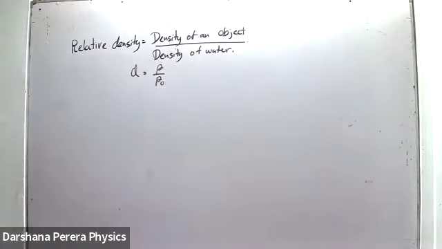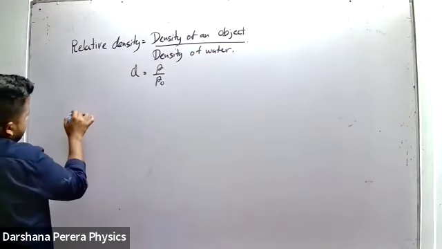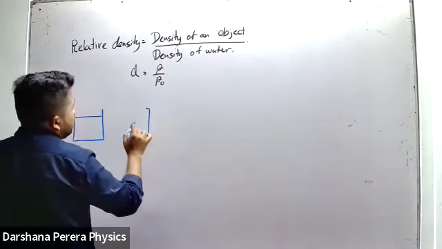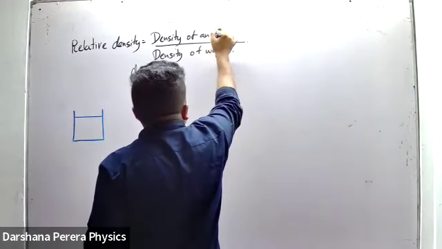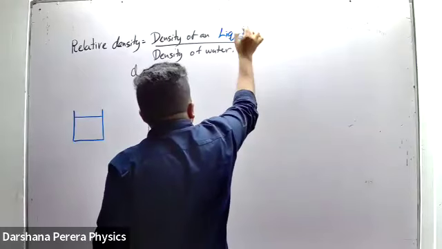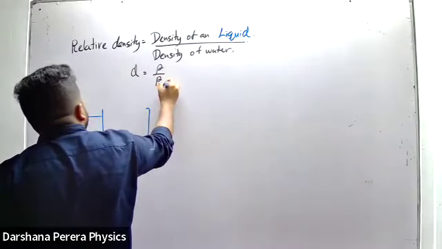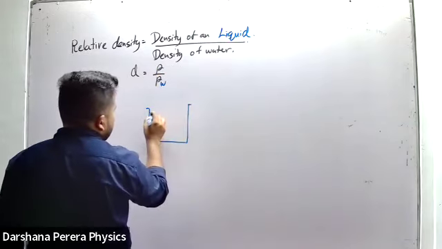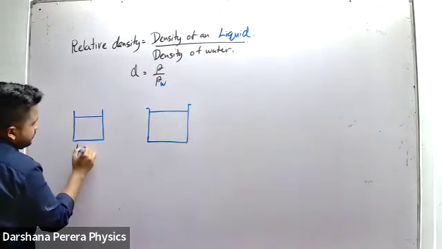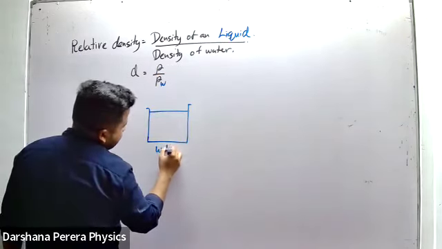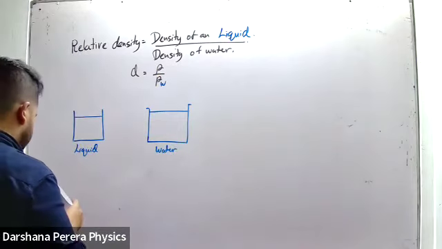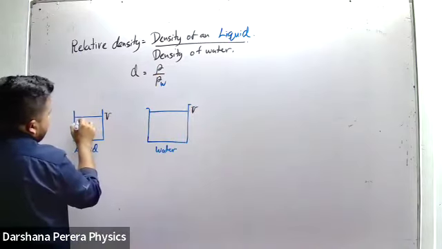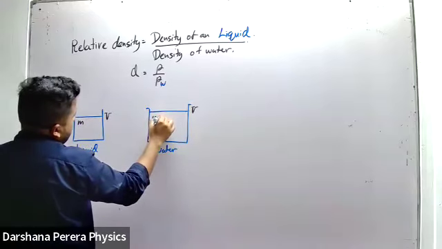So, when we consider the same volume of a liquid and the water, this is V. This mass is M. This is MW.